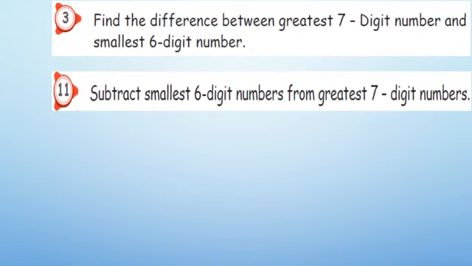So questions என்னமோ same தான், but words are different, isn't it? See here, இதில் என்ன கேட்காங்க, greatest 7 digit number, இதிலையும் greatest 7 digit number, and இங்க smallest 6 digit number, இங்கேயும் smallest 6 digit number. ஸோ இப்போ புரிஞ்சுக்க முடியும்னு நினைக்கிறேன்.